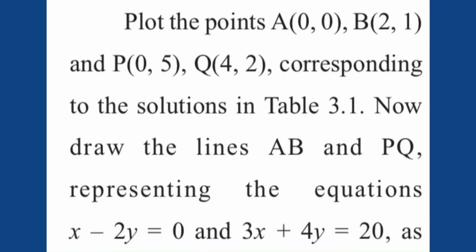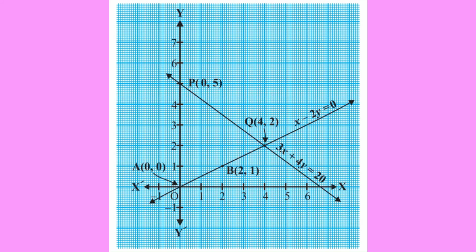Now we will plot points A(0, 0), B(2, 1) obtained from the first equation and P(0, 5), Q(4, 2) obtained from the second equation, and we will draw lines AB and PQ corresponding to x minus 2y is equal to 0 and 3x plus 4y is equal to 20 respectively. Students, here you can see that points A(0, 0) and B(2, 1) are plotted and the line joining AB is x minus 2y is equal to 0.